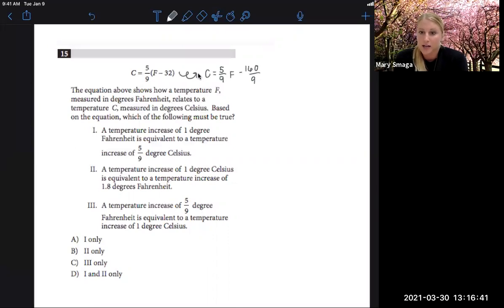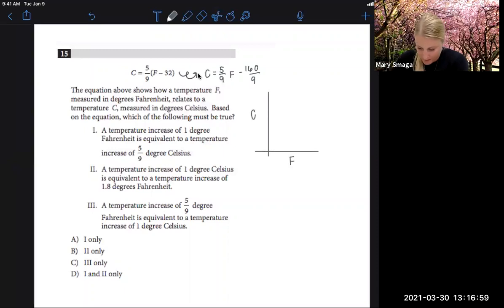A temperature increase of 1 degree Fahrenheit is equivalent to a temperature increase of 5/9 degrees Celsius. So let's take a look. Let's graph it. Celsius is going to be on our y-axis, Fahrenheit on our x-axis.